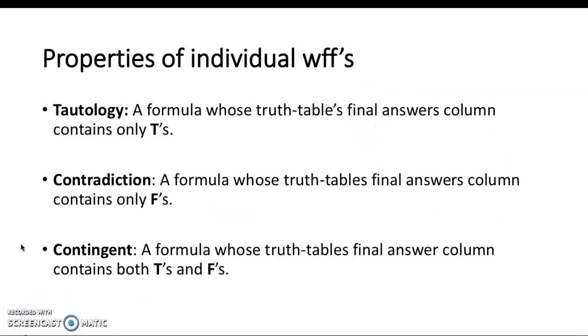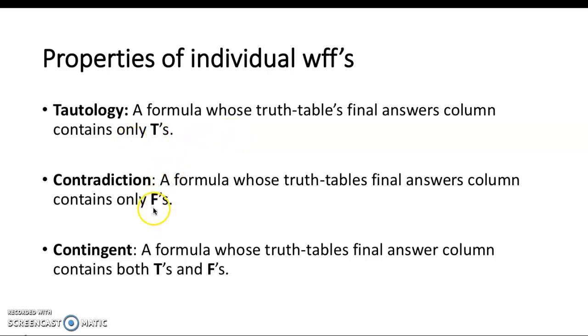So here are three important properties of any sentence in our logical system, or what we call a WFF. If the final column of a truth table is all trues, all T's, we call that a tautology. That means that sentence can never be false. It's always going to be true under every interpretation.